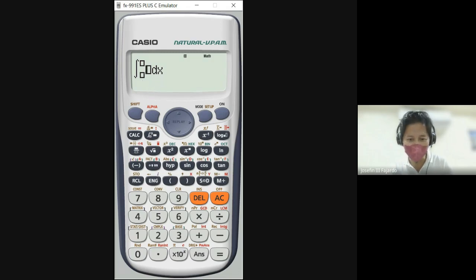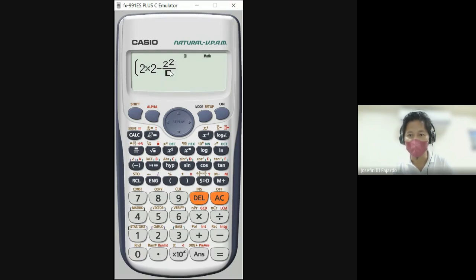Kunwari, yung kanina, mamaya na lang natin gagawin para surprise. Kunin muna natin yung integral kanina, which is, ang kailangan natin makuha is ito. Yung parentheses. So, 2 times 2 minus 2 squared over 2. Diba?